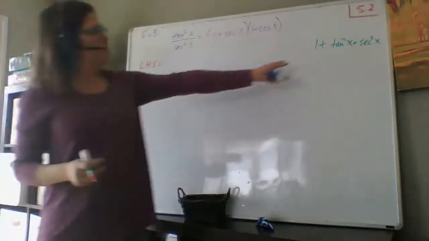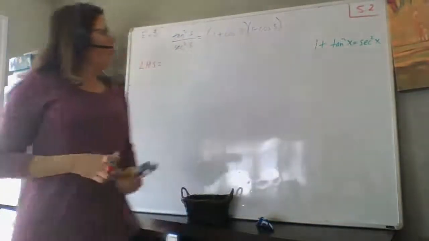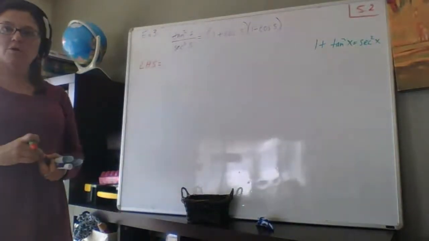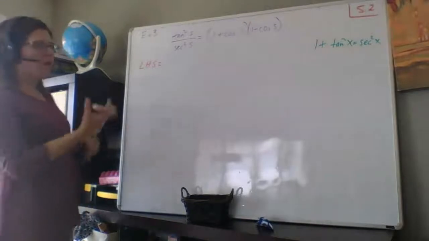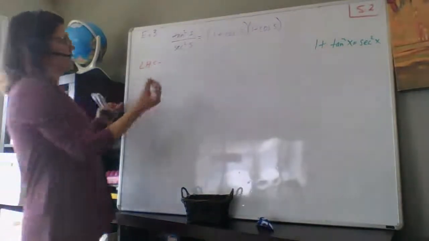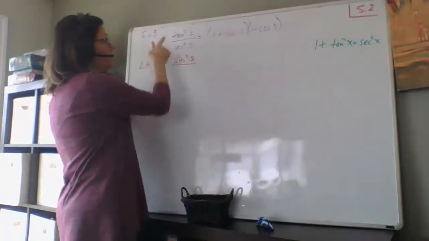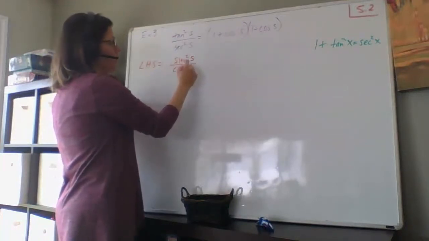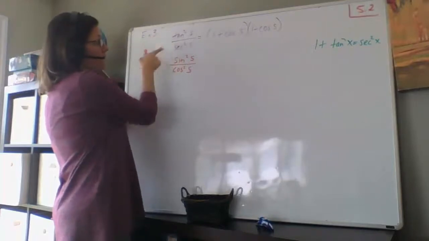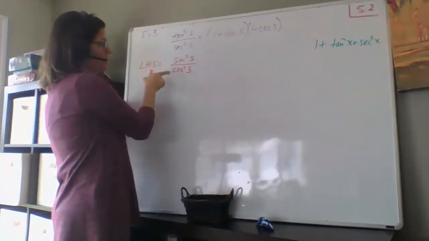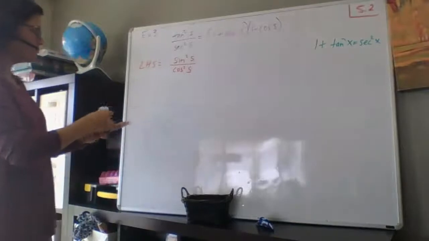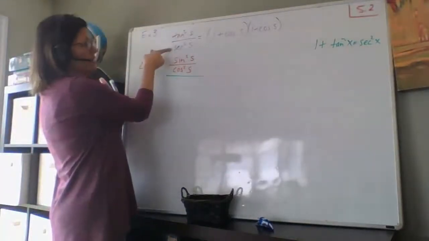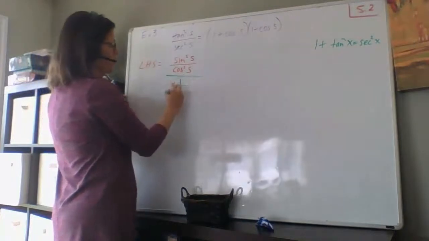We could either use the Pythagorean identity, or we could write everything in terms of sines and cosines. Both are viable, so I'll do sines and cosines. I'm going to rewrite tangent as sine over cosine, so tangent squared s is sine squared s over cosine squared s, and then I will rewrite secant squared s as 1 over cosine squared s.